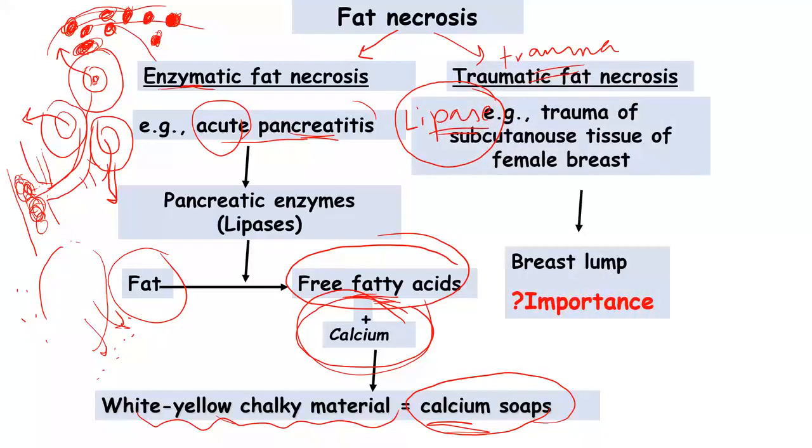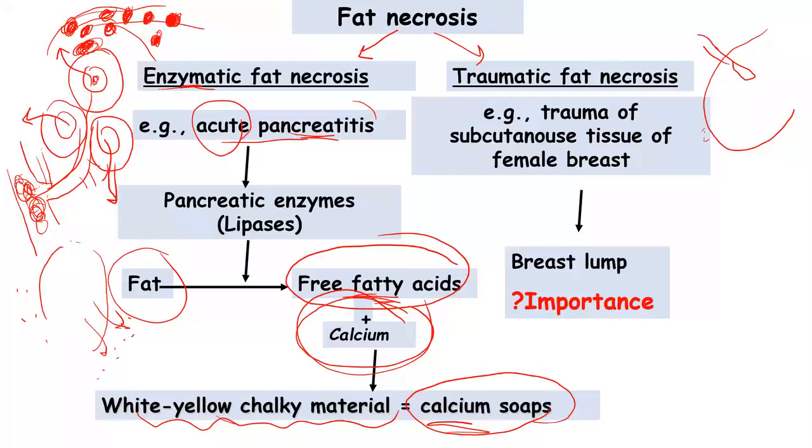The other form of fat necrosis is due to trauma to the fat cells, and trauma to the fat cells occurs when there is blunt or sharp trauma to areas of fat. You have trauma to the breast, for example, sharp or blunt trauma, maybe blunt trauma in a car accident, or you use a scalpel or a blade during surgery.